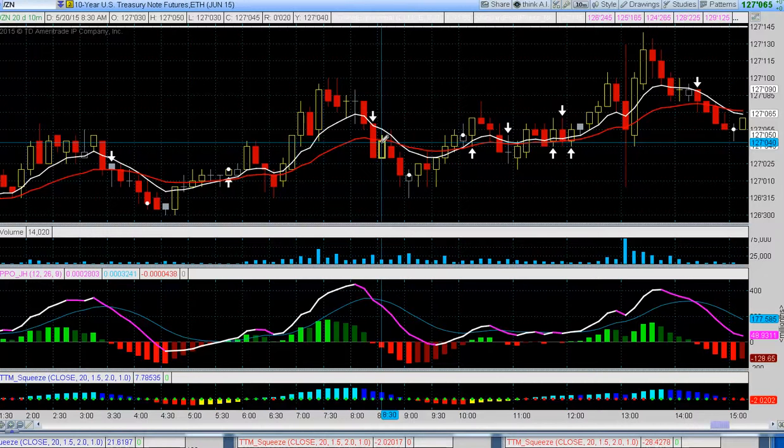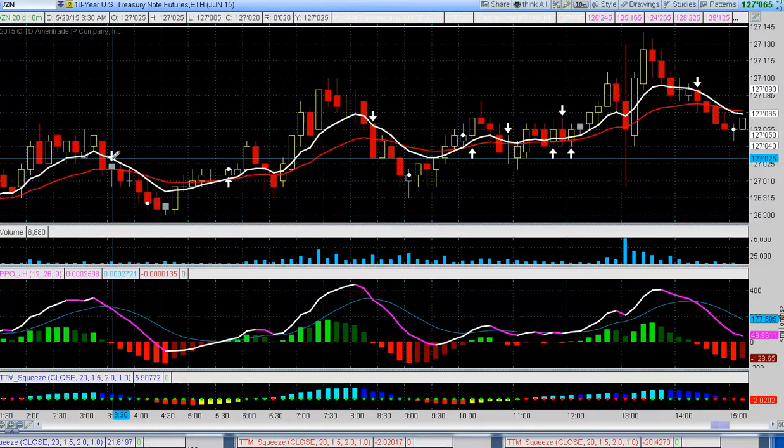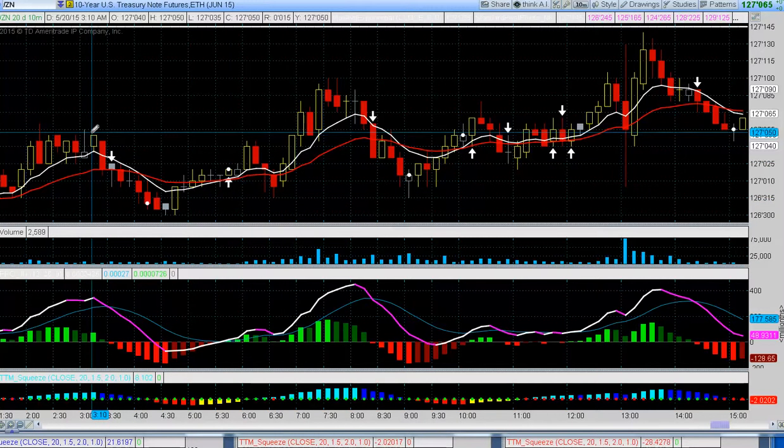But overall, I made some money. It was a really quiet day. It didn't even hit the average true range of these things, because the 30-year has been moving 1.5 to 2 points on average every day, and we didn't even move.